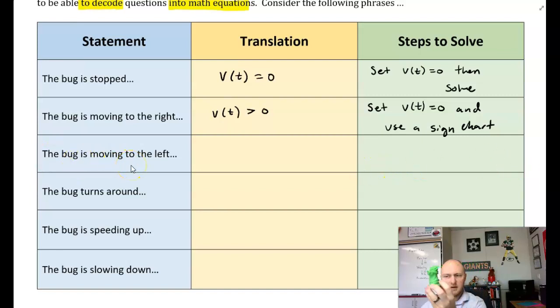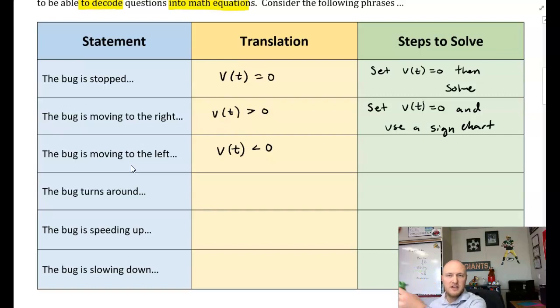So here's Baby Yoda moving to the left. Well, his position values, his distance, is getting more and more negative. Imagine again he's on an x-axis and he's moving to the left: -1, -2, -3, -4. His velocity is negative. He's moving in the negative direction.